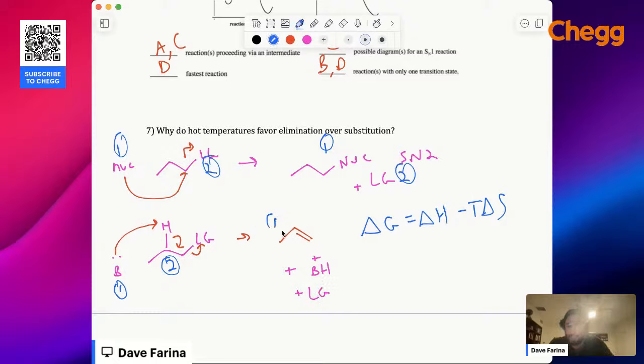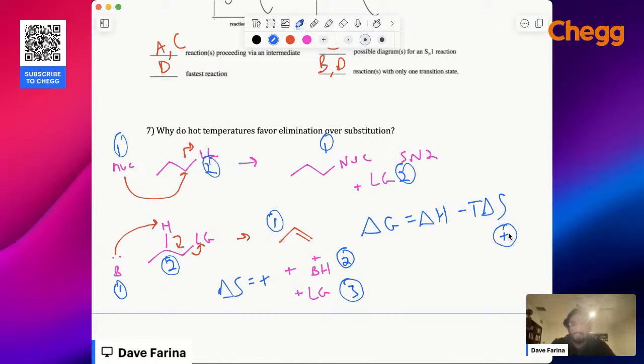After the elimination, we have the alkene product, we have the conjugate acid of the base that's now been protonated, and we have the leaving group. So we're going from two things to three things. That is an increase in the dispersal of matter, which means it is entropically favorable, which means we have a positive delta S. The substitution is entropically neutral, right? This is not really entropically driven. An elimination is entropically driven.